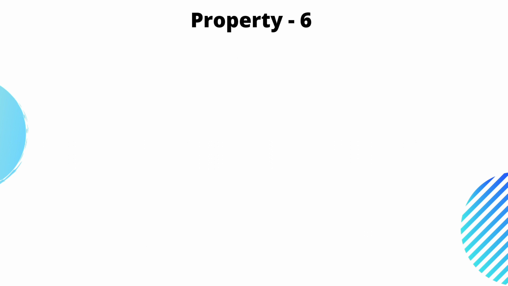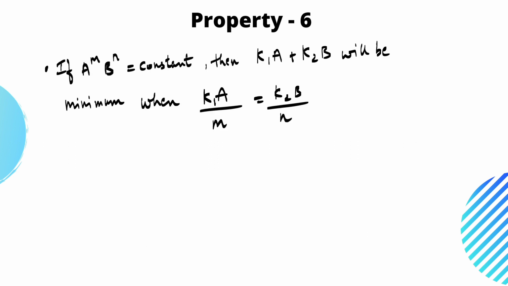Let's move on to the last property of this session. The last property says if a power m into b power n is equal to some constant, then k1 into a plus k2 into b will be minimum when k1a by m is equal to k2b by n.